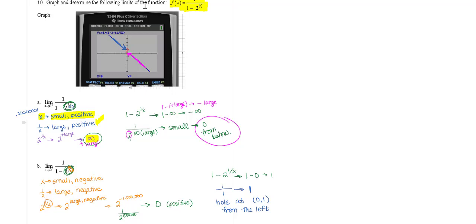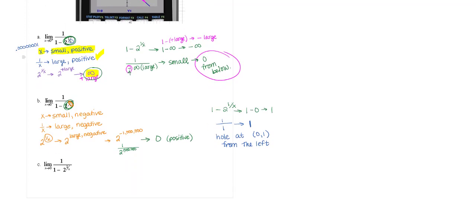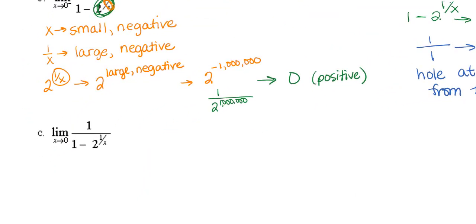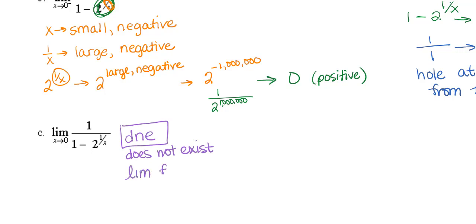Okay, so last question here. If I ask you what is the limit as x approaches 0 and I do not give you a side, you're going to be able to tell that that limit does not exist. All right, so why does this limit not exist? Let's write this out. Limit of my function, I did call it f of x earlier, so I can call that out now.